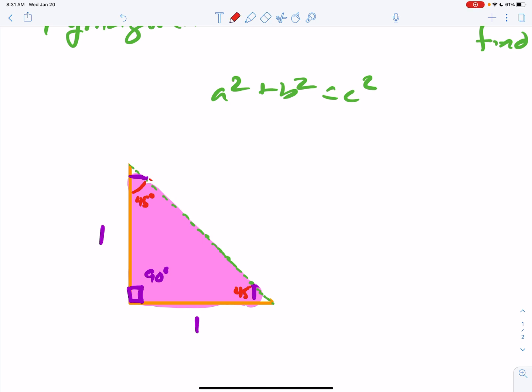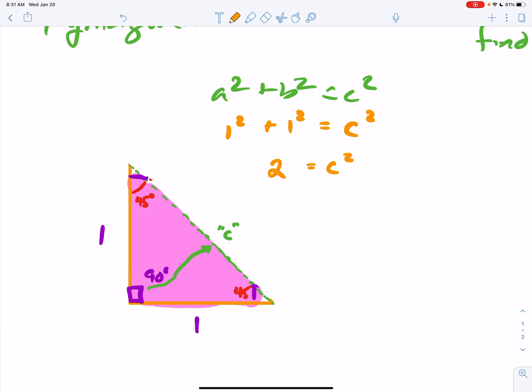We're missing our c, the side opposite the 90. So let me go ahead and plug it into our equation right here, and make sure that you guys write this down. So 1 squared plus 1 squared is equal to c squared. 1 squared is just 1, 1 squared again is also 1, and 1 plus 1 will give you 2.